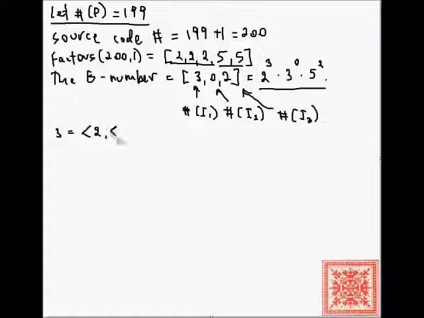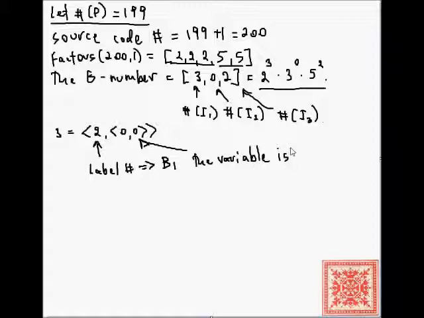Now we can use the pairing function to decode them. So 3 is equal to the pair of 2 and the pair of 0, 0. 2 is the number of the label, which is B1 in our label ordering, and then 0 is the variable number, so that means that the variable is y.